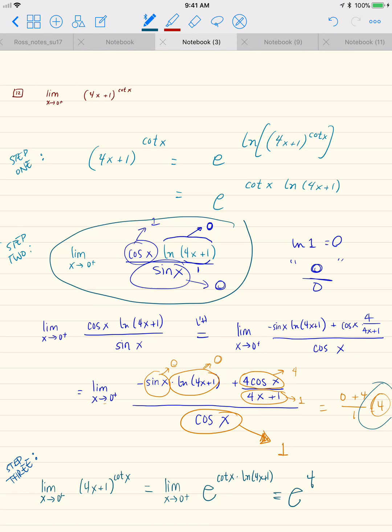So the limit of e to that exponent is equal to e to the 4. So that is our answer, e to the 4.